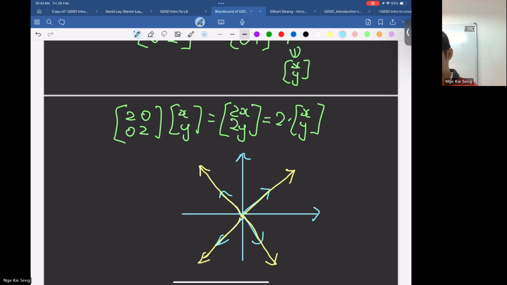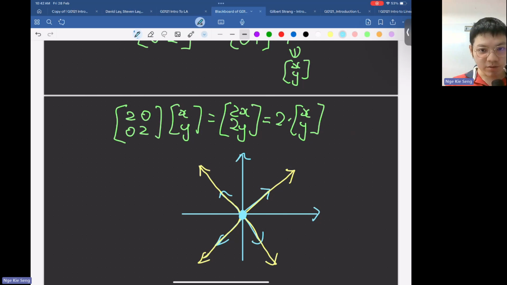The 0 remains unchanged. In fact, the 0 vector is not changed by any transformation. Anything you multiply by 0, you always get 0. So 0 is out of our discussion. We won't discuss 0 as our eigenvector because it always gets sent back to 0. In other words, it's a fixed point for every map.